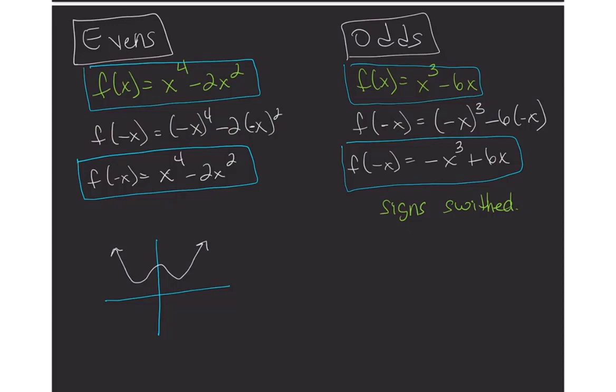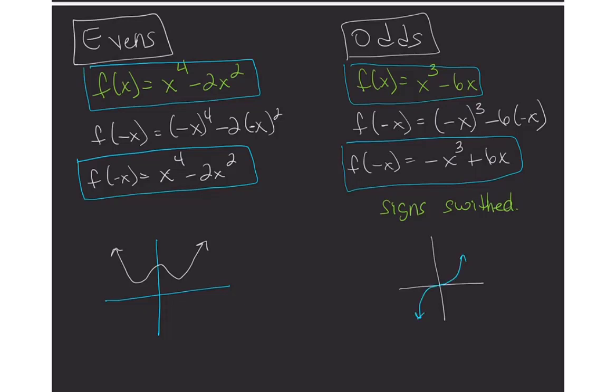And if our signs switch on every single one of them, then we know that it's going to be odd. So we know then if we were to graph that one, it would be symmetric around the origin. So it's going to look something like this.